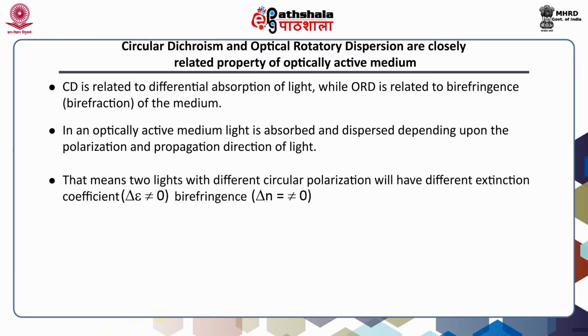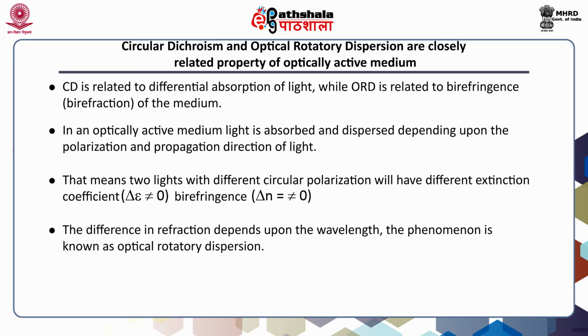It means that differential absorbance of the LCPL and RCPL components leads to circular dichroism, while the differential refractive indices of LCPL and RCPL result in optical rotation of circularly polarized light. The difference in refractive index depends upon the wavelength of circularly polarized light, and hence the rotation of the polarized light.